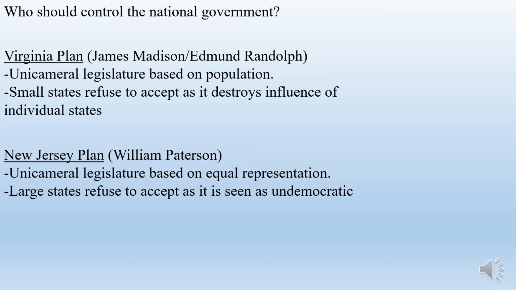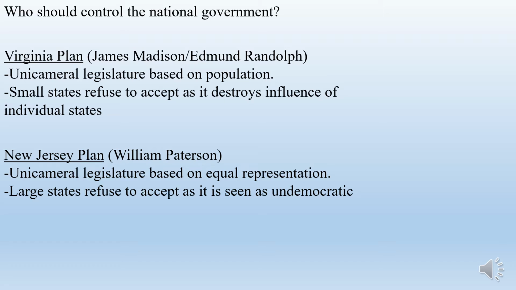Now, Virginia at this time was considered one of the two largest states in the Union. Today, of course, it's nowhere near. But at that time, it was the largest or second largest state in the Union, and the smaller states refused to accept this. They felt that if the Virginia Plan was put into effect, they would lose any clout that they would have in the national legislature.